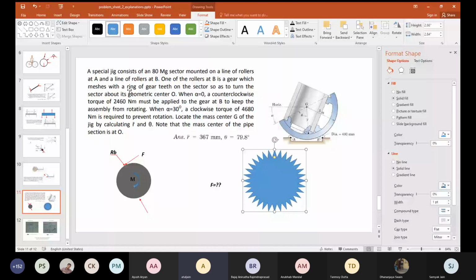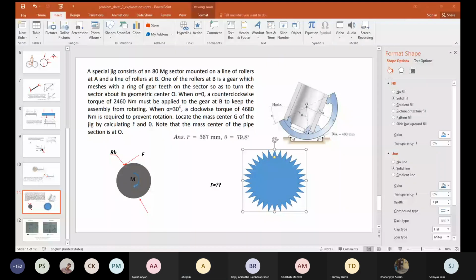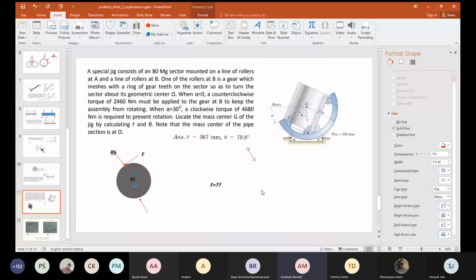Let me take an image from Google. We have seen gears in class 9, in a cycle.